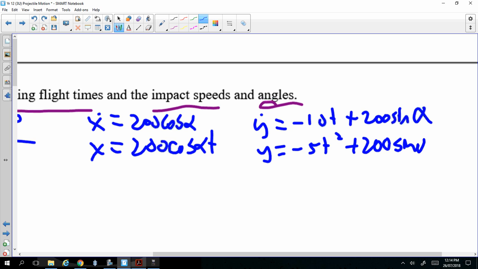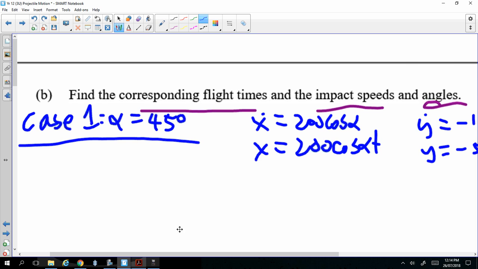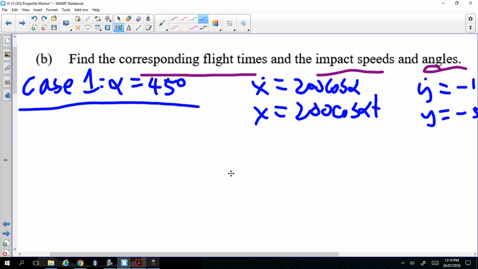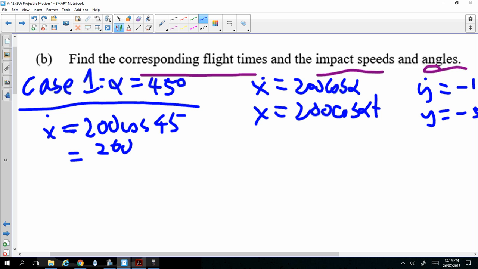So x dot equal to 200 cos 45, and that's going to become 200 over root 2, which is 100 root 2 if you rationalize. And then x will now be 100 root 2 t.